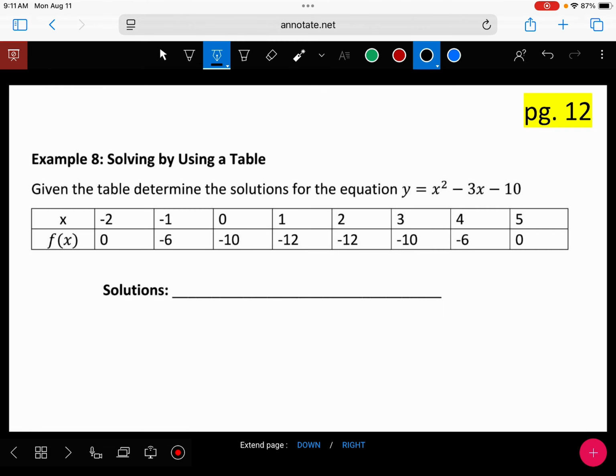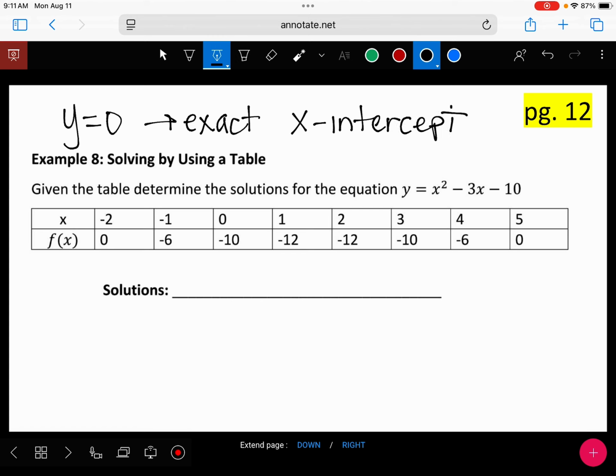So if you actually are lucky enough to get a y equals 0, whenever y equals 0, that is your exact x-intercept. So I actually do have a y equals 0 here and here.